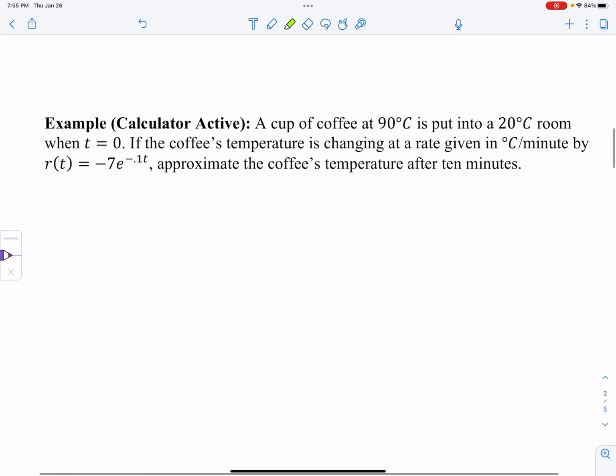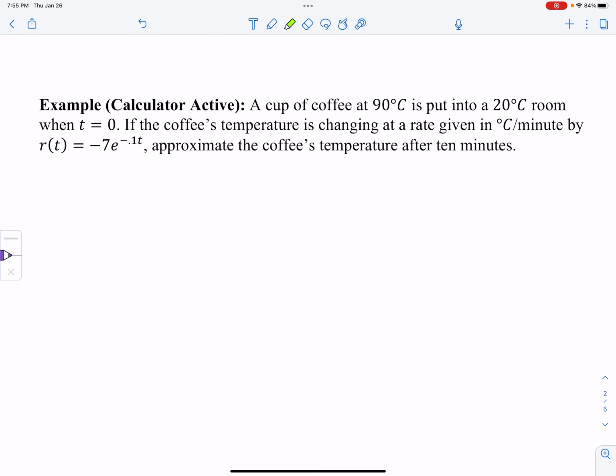Okay, so let's look at some word problems here where we're going to be calculating net change of quantity. This one is calculator active, and I have my calculator here ready. A cup of coffee at 90 degrees Celsius is put into a 20 degrees Celsius room when t is equal to 0.